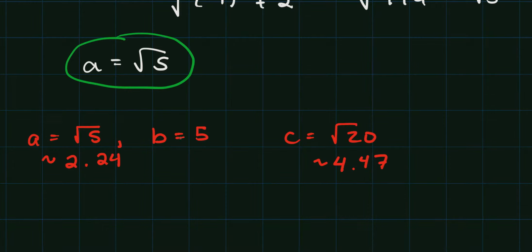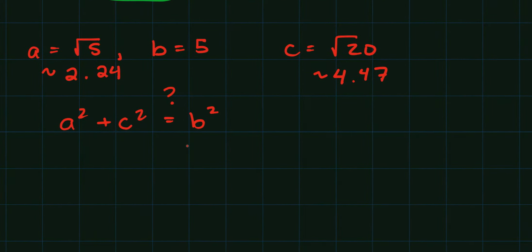So what we want to do is see if we square A and square C, the two shorter sides, do we get B squared? That's the question. If we add A squared to C squared and we get 5 squared, then we have a right triangle. If we get anything other than B squared, then we do not have a right triangle.